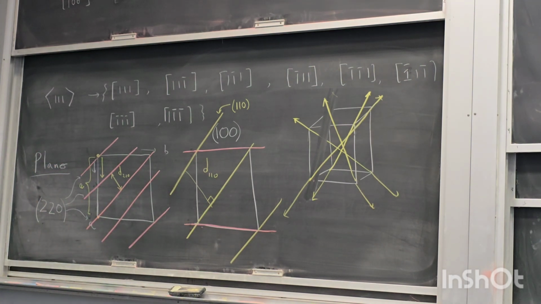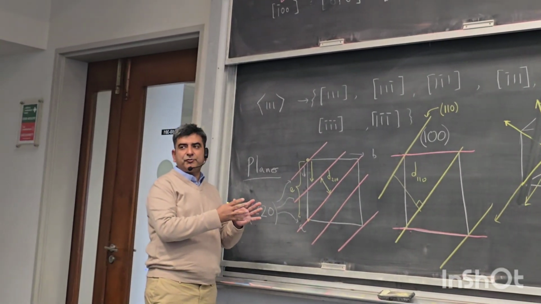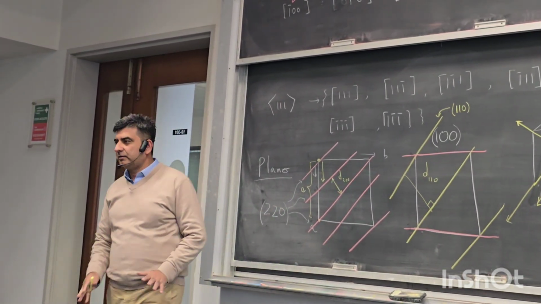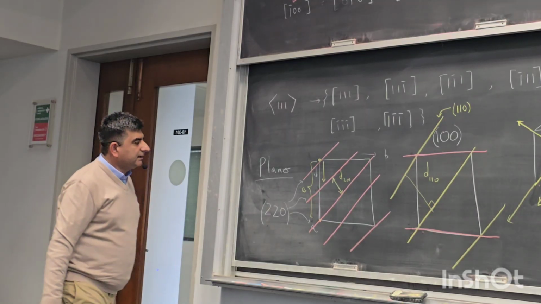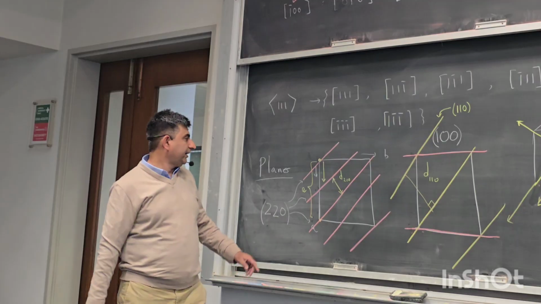But these planes are parallel to one another. Okay? So they are parallel to one another, but the normal distance between 2 successive planes is different. Okay?